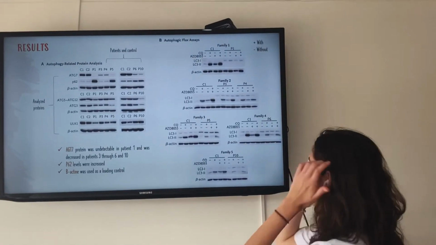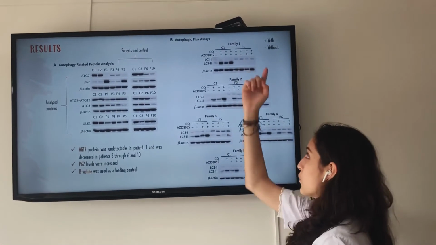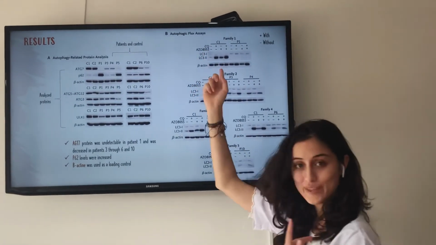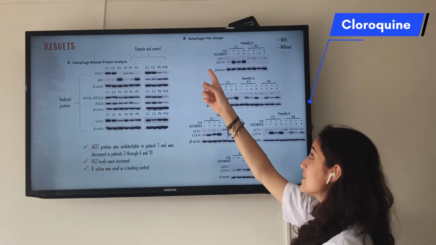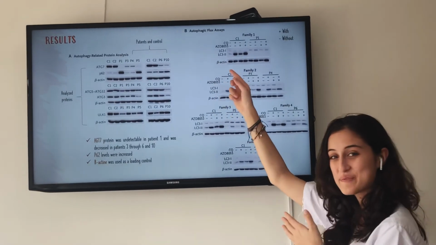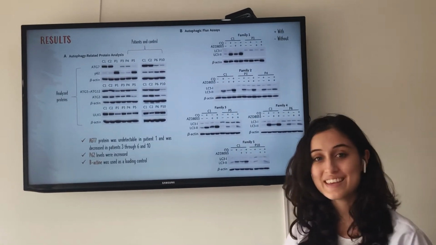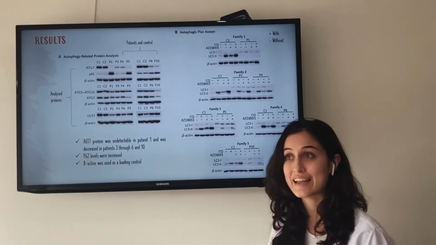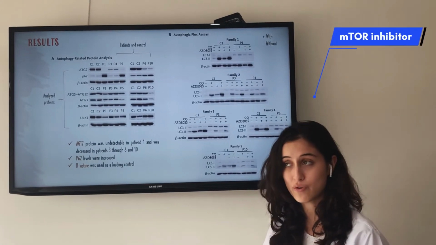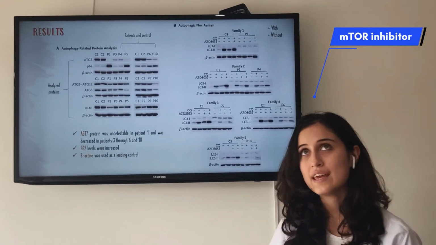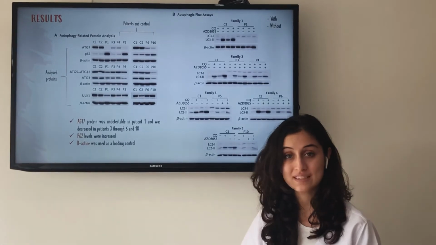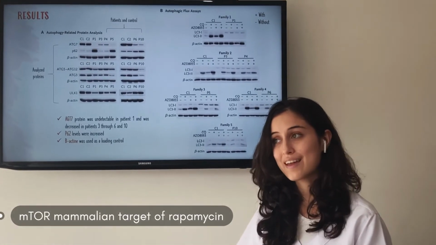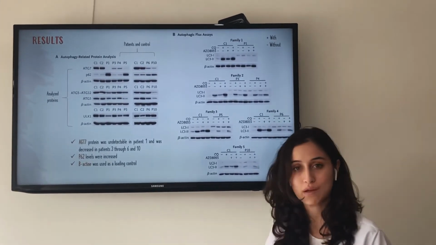In this analysis, they added CQ, that is chloroquine, and AZD8055, that is an inhibitor of mTOR. mTOR is a protein present in the cell that contributes to cell proliferation.